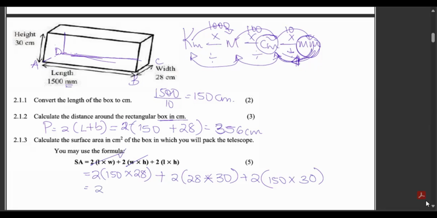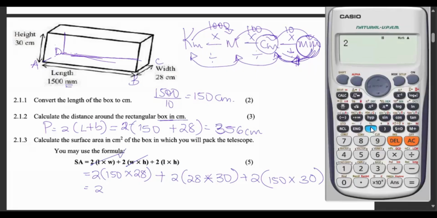So it becomes 2. Pick this up, put it in a calculator. 2, open brackets, 150 times 28, close brackets, plus 2, open brackets. But then you can simplify it. So this becomes 8,400.